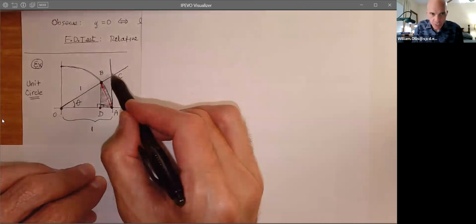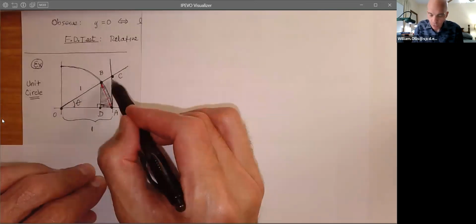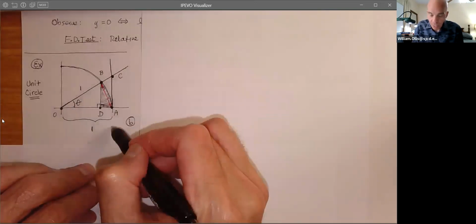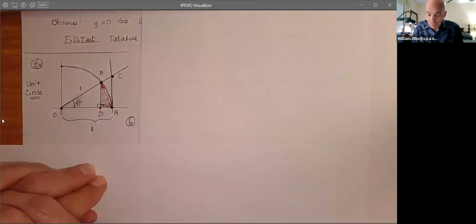I don't even think I use this in the computation, but this is the vertical line through A, and of course, the line through the origin intersection.